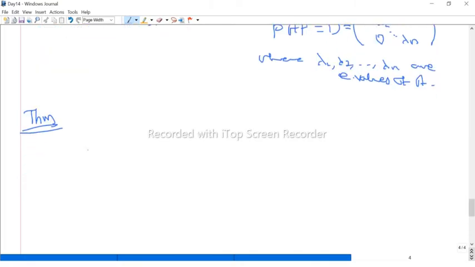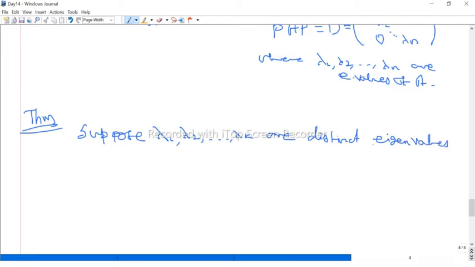Suppose lambda 1, lambda 2, up to lambda k are distinct eigenvalues of an n by n matrix. The matrix is n by n.